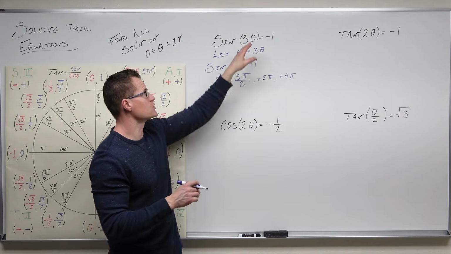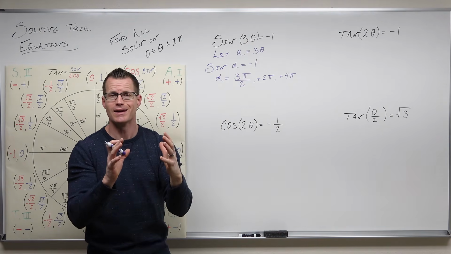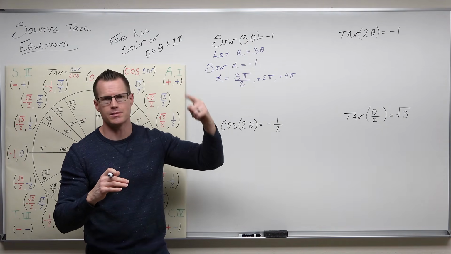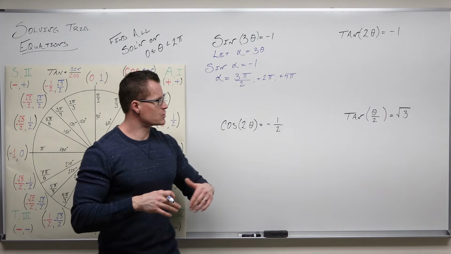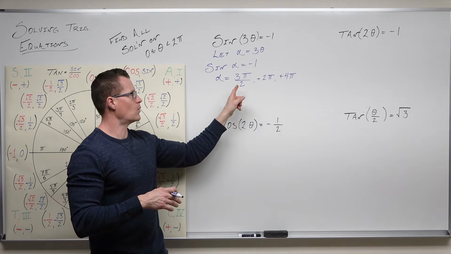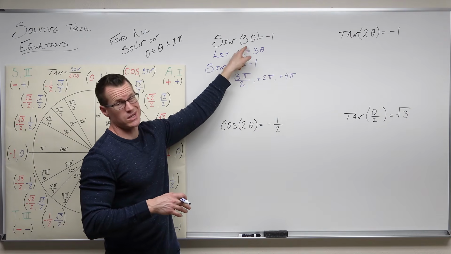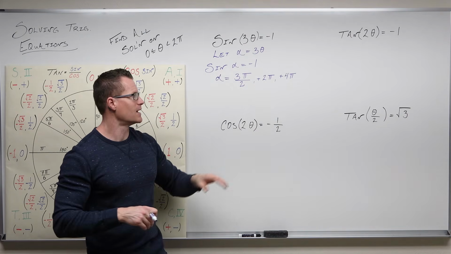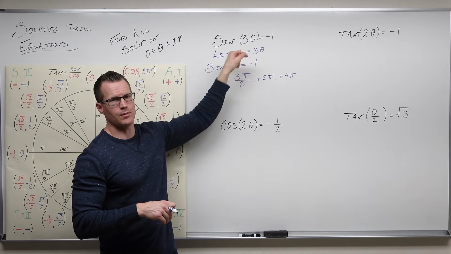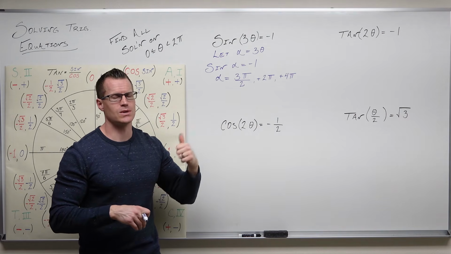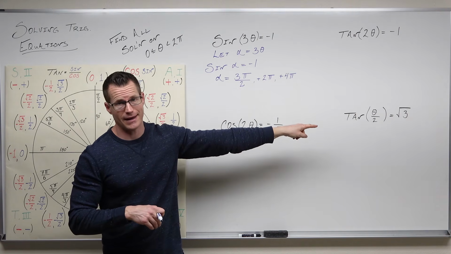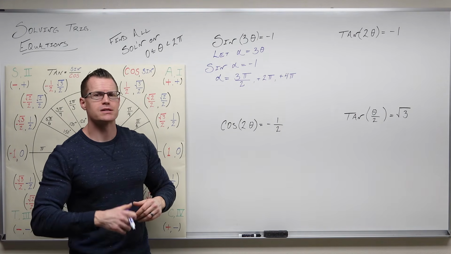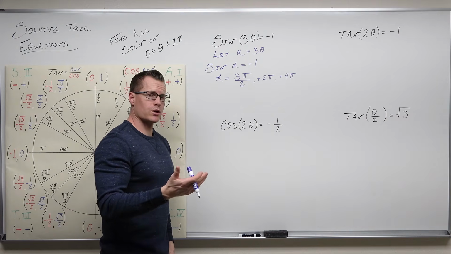We know that's going to happen because you took 2 pi and divided by 3. It's going to cycle 3 times on that particular interval of 0 to 2 pi. Because we're looking for all the solutions there, just add 2 pi until you get 1, 2, 3 to match the 3 right there. That's the easiest way I can explain it. Add 2 pi until you hit whatever that number is, 3 or 2, or don't add it at all for that one. Actually, it's going to be something that we have to cross out. So we're going to show that.